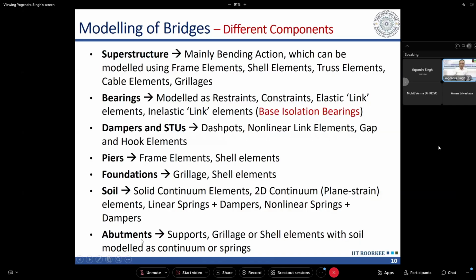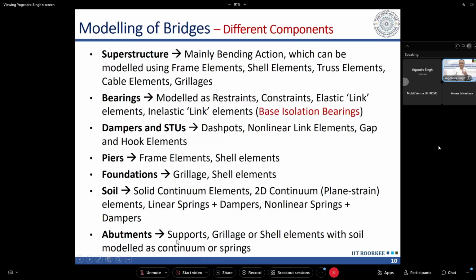And then abutments. So abutments are provided at the end of the bridge. These are supporting the bridge at the ends, and these can sometimes be modeled in our bridge model just as supports, so boundary conditions, which I explained earlier also. These can be assumed to be rigid, and whatever type of bearings are provided at the top of these abutments, accordingly we can provide the boundary conditions or the support conditions.